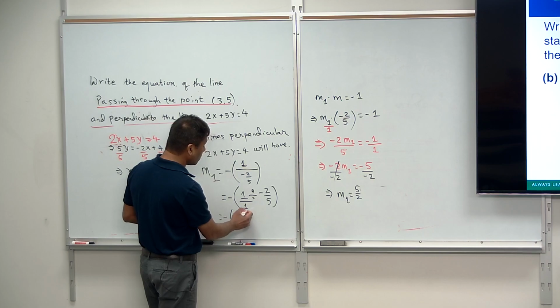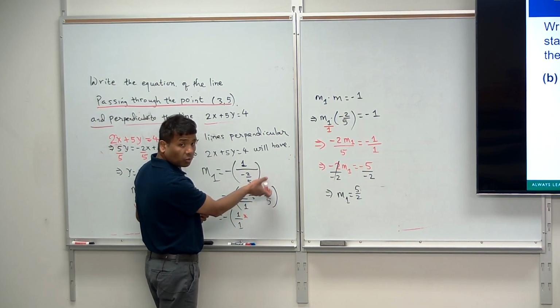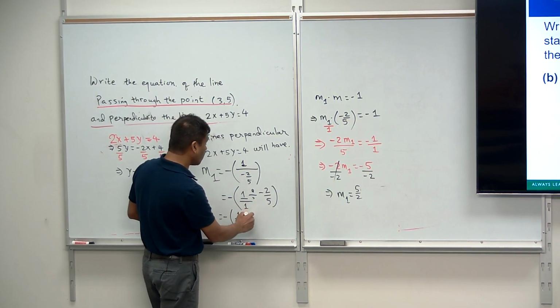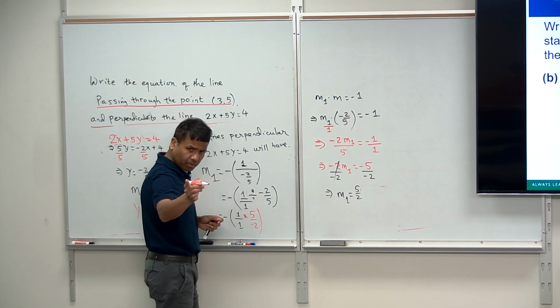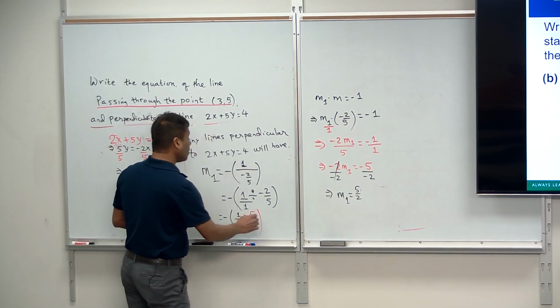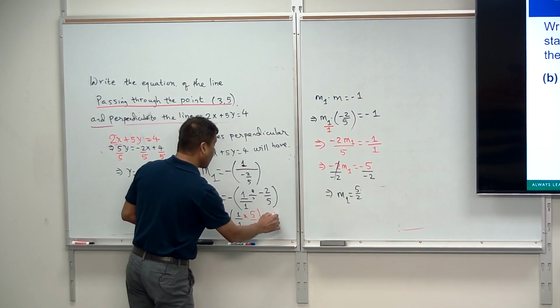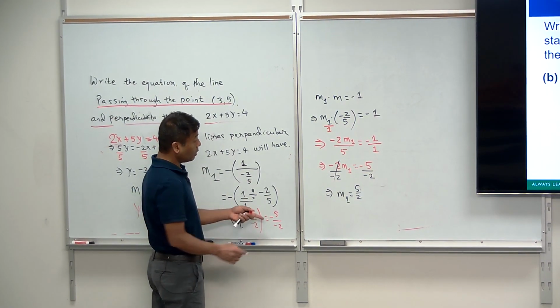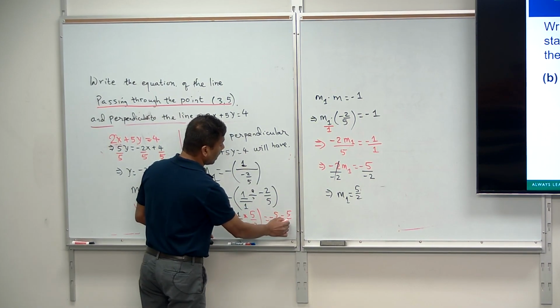You flip it. Is that right? So that's going to be 5 over negative 2. Are you with me? So now it's the same as negative 5 over negative 2, which is 5/2. Either way is fine, okay?